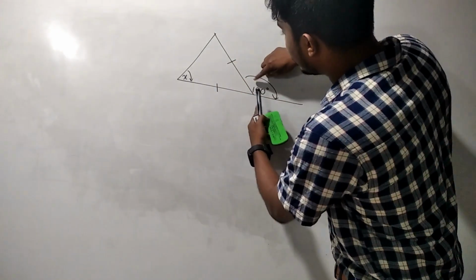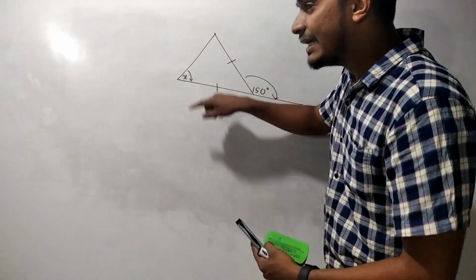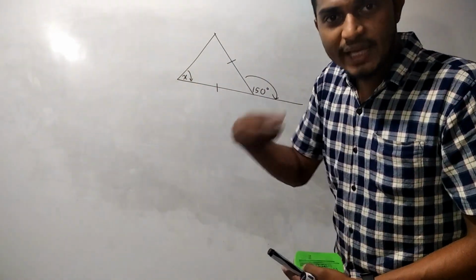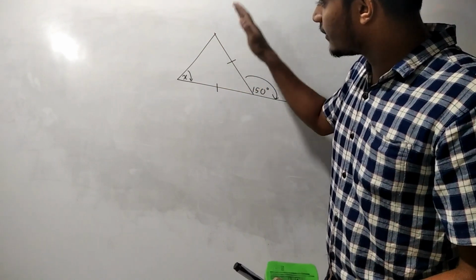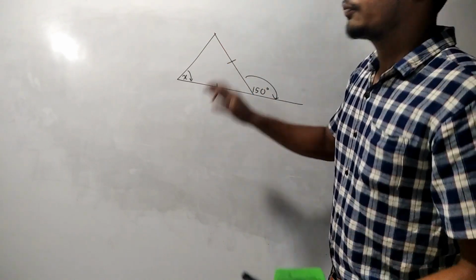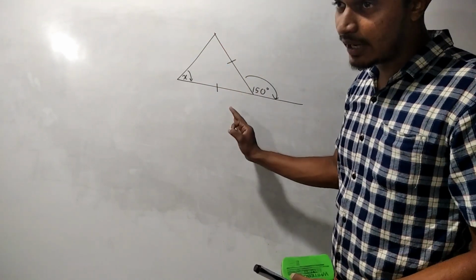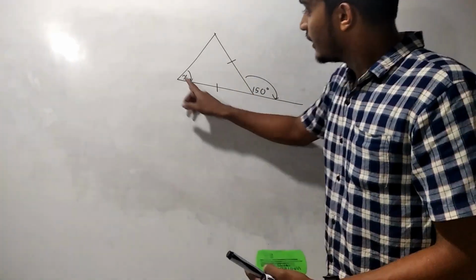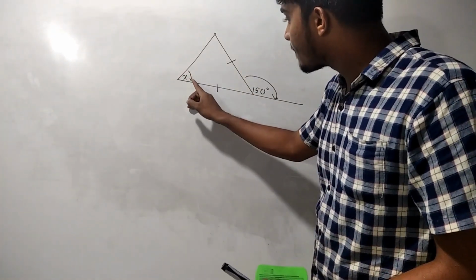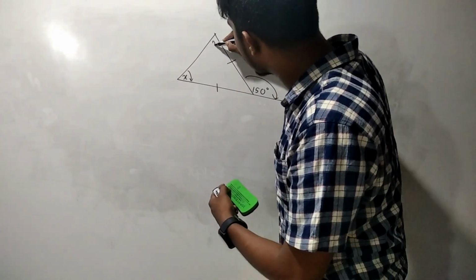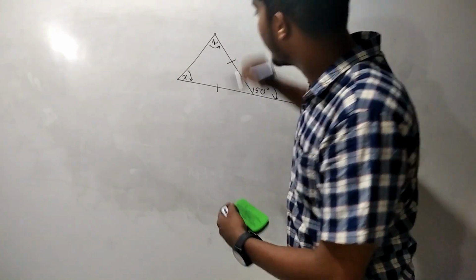If these two sides are equal in this triangle, we can directly say that this is an isosceles triangle. Now, if this is an isosceles triangle, this angle over here is equal to this angle, so this is also going to be x.